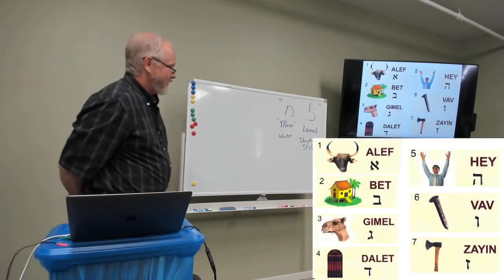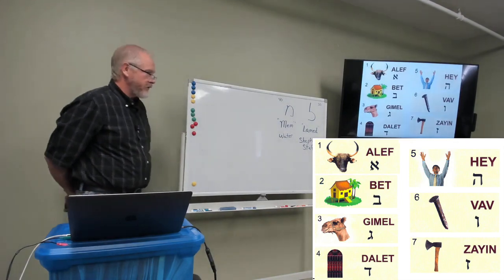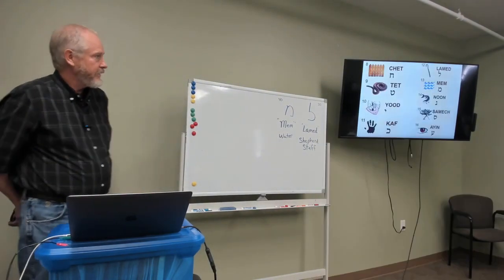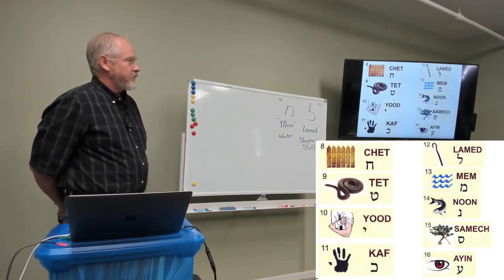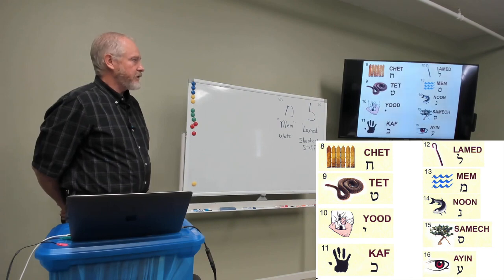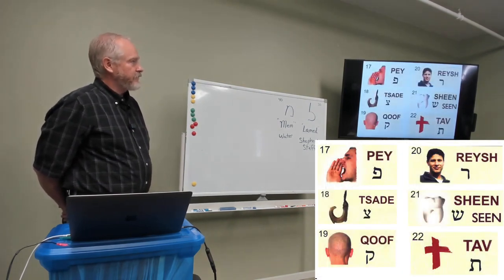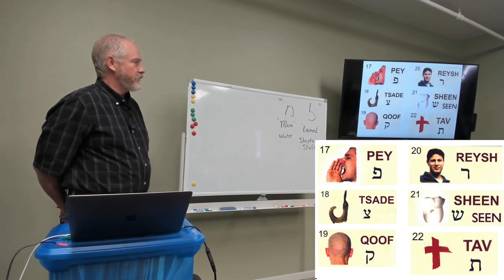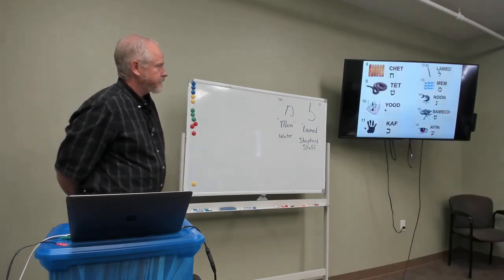Ready? Okay. Aleph, Bet, Gimel, Dalet, Hey, Vav, Zayin, Het, Tet, Yud, Kaf, Lamed, Mem, Nun, Samek, Ayin, Pei, Sadi, Kuf, Resh, Shin, Sin, Tav.